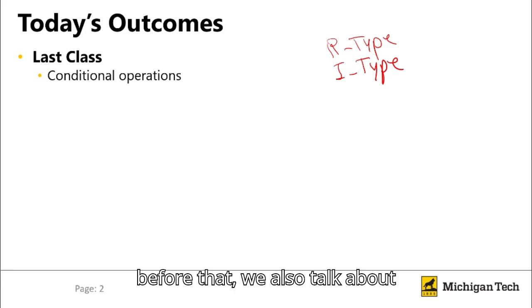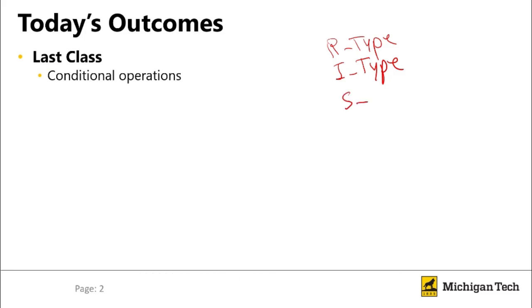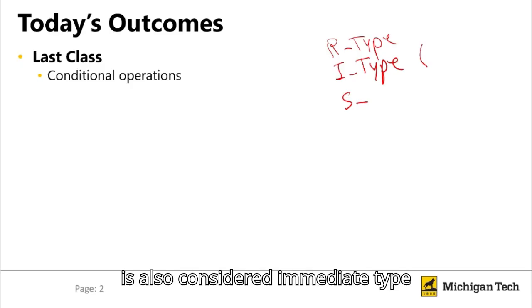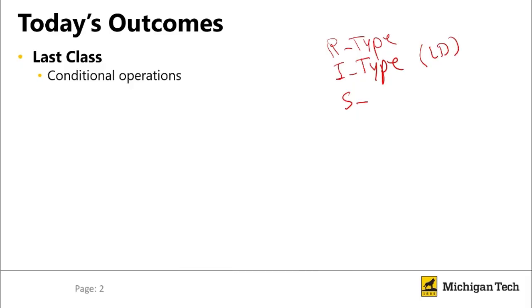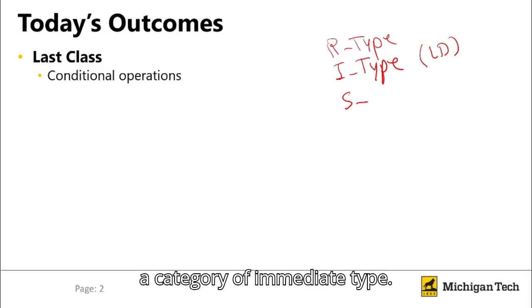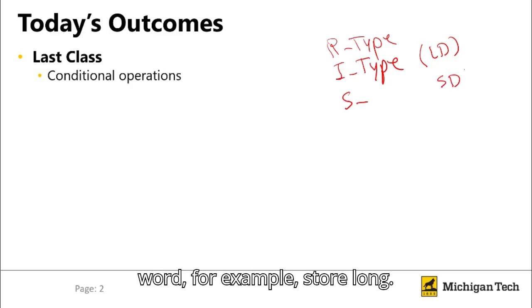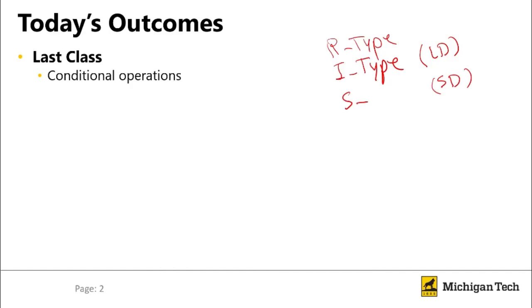Before that, we also talked about load and store. Load is also considered immediate type because it's exactly similar. So the load instruction is in the category of immediate type. But store double word, for example, is S type, a store type.